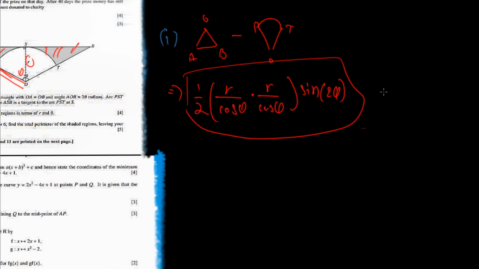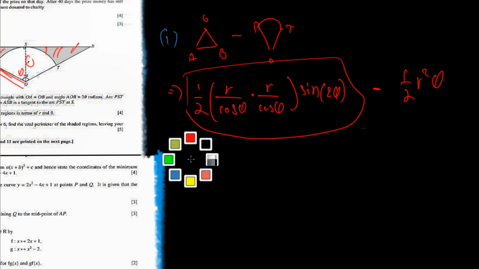And that's our area of the triangle, subtracted by the area of the sector. The area of the sector is pretty straightforward: 1/2 r squared theta. You just need to know one simple formula and simplify.